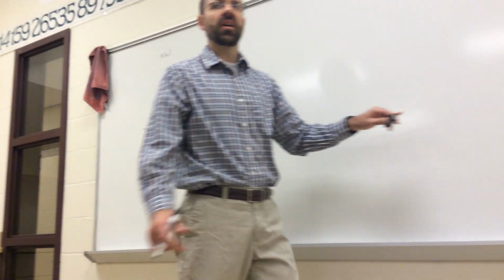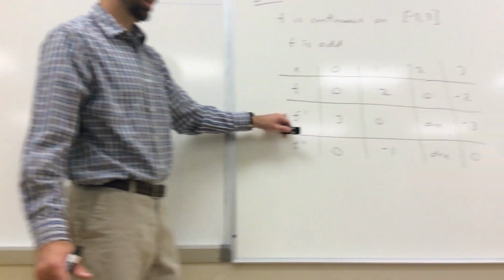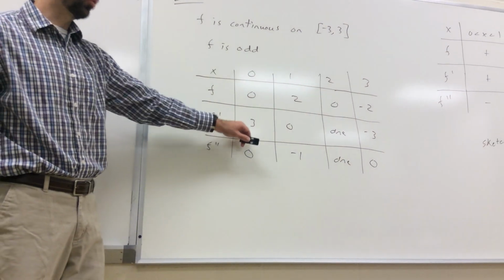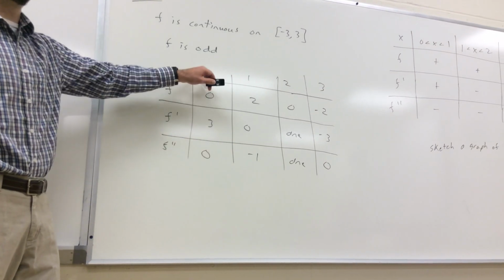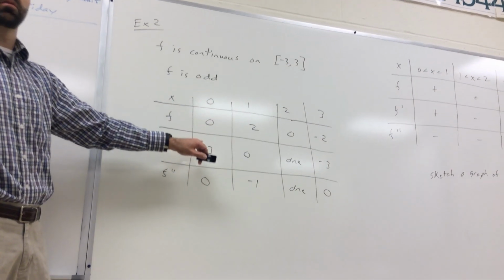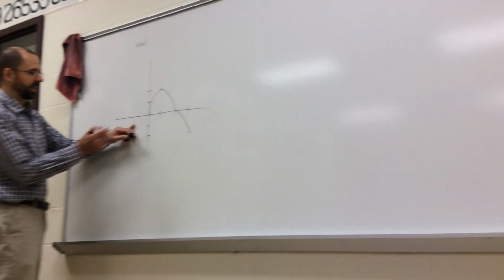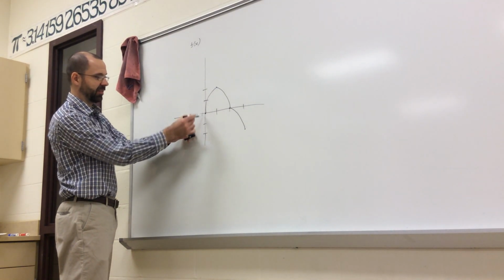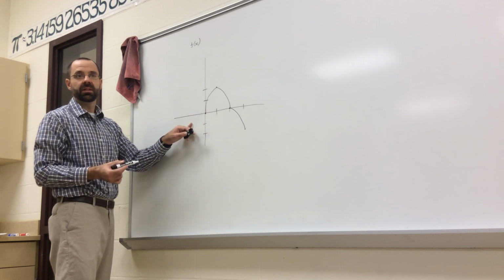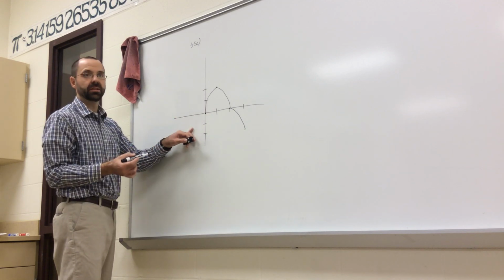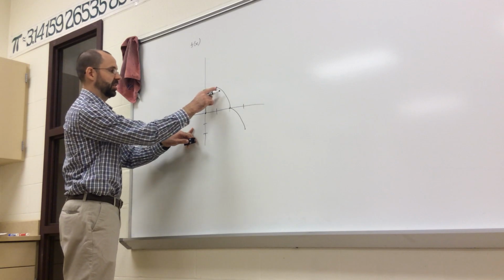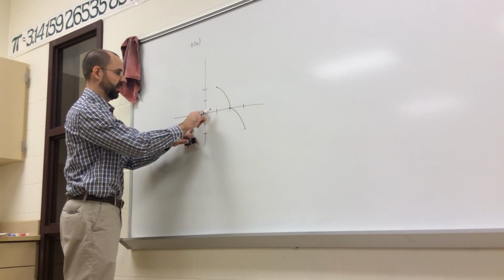Okay, now let's look at these values here. Apparently, the derivative is 3 at 0. So let's see if that's feasible here. I think I've got my graph a little too steep, don't I? I don't believe that that's 3. So I'm just going to make it a little less steep there.